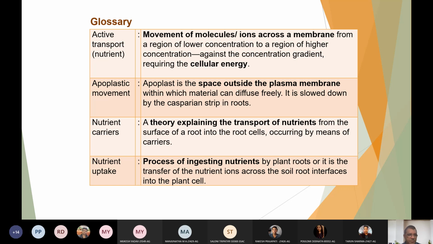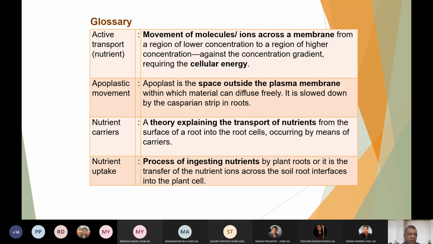Apoplastic movement. Apoplast is the space outside the plasma lemma, or between the plasma lemma and cell wall. You have some space, that is the apoplast, within which materials can diffuse freely. Diffuse means here the matter can come by diffusion from outside. From outside means from the root surface, the material can diffuse into the apoplast.